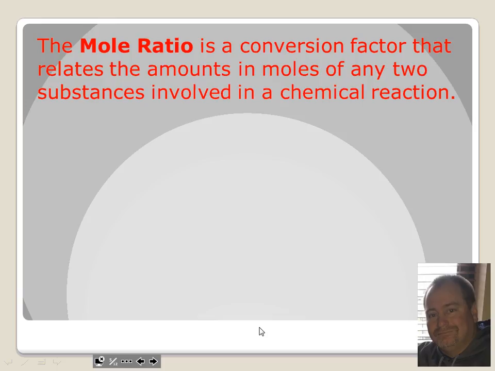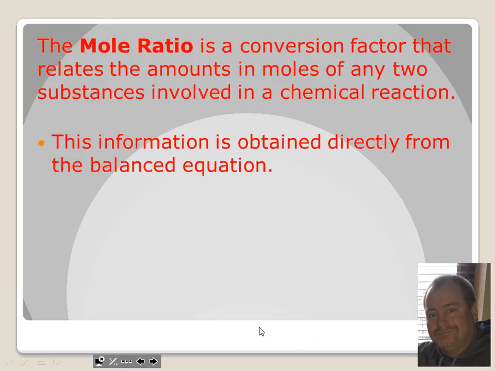Here's where it's going to catch you. Now, the mole ratio is obtained directly from a balanced chemical equation. So the mole ratio comes from the balanced equation.